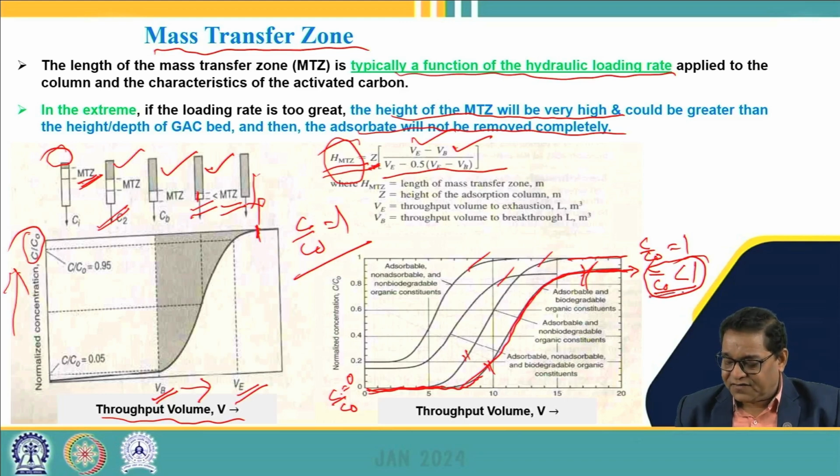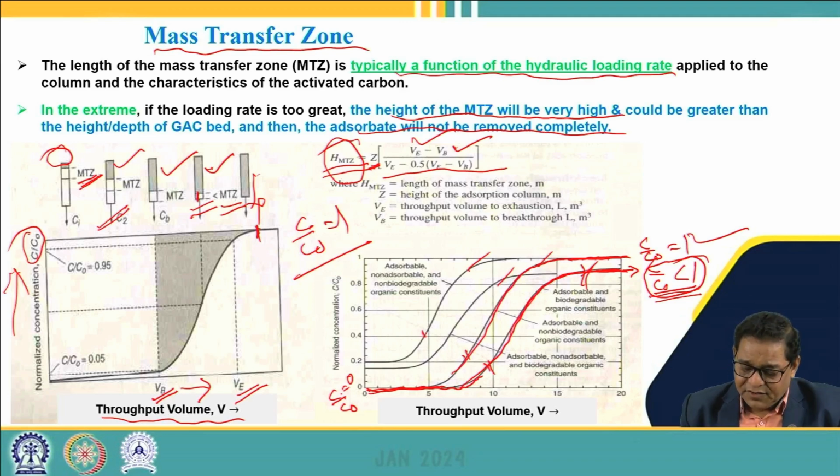That's why C by C0 is not coming equal to 1. While in this case, if C by C0 is equal to 1, it means it is non-biodegradable. Whatever is coming into the column, the same is coming out of the column. It means the adsorbate is non-biodegradable. So from the nature of the breakthrough curve, we can find out the nature of the adsorbate present in the wastewater.